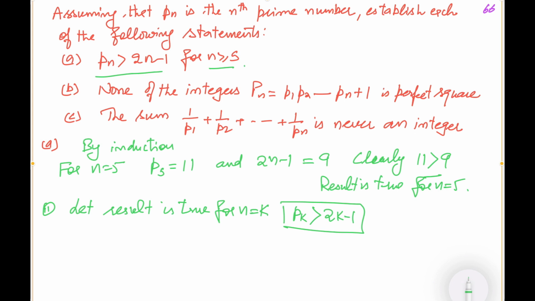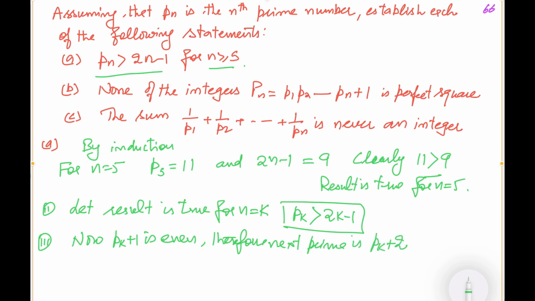Now in the third part, we know if pk is the kth prime, then pk plus 1 is even. Therefore, the next prime is at least pk plus 2.